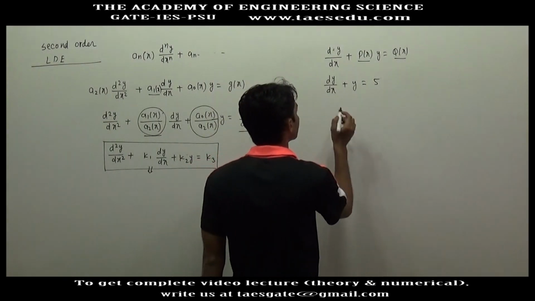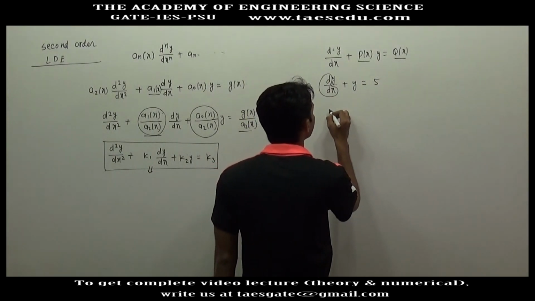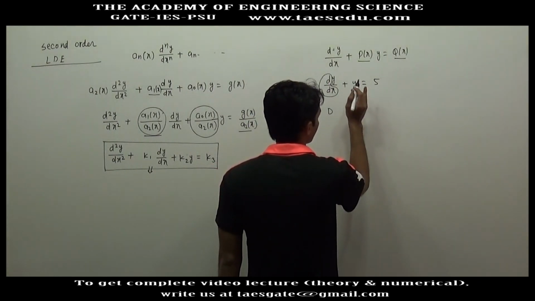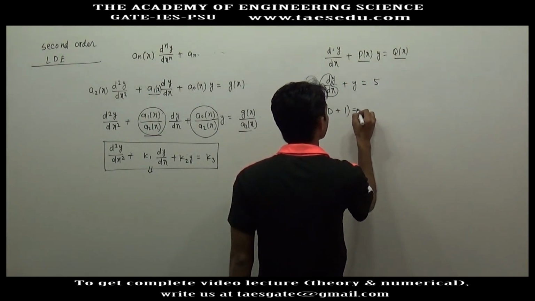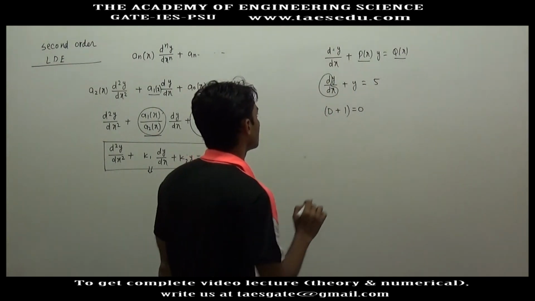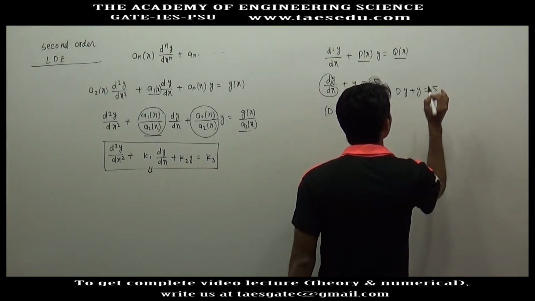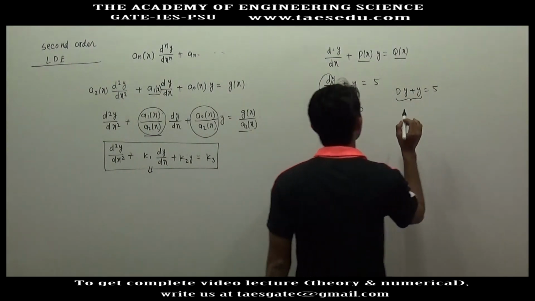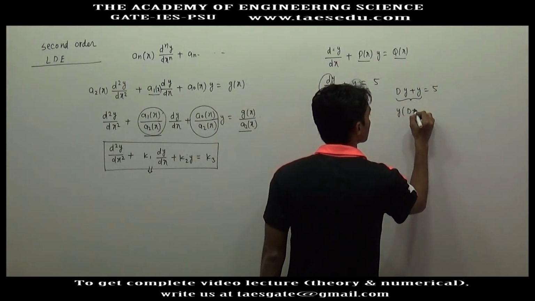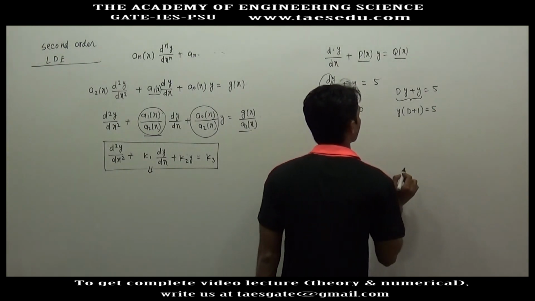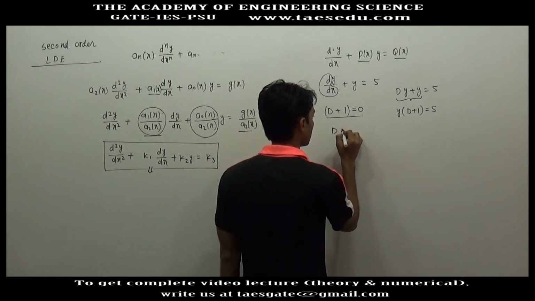At the place of dy by dx we will use the operator D. Here there is no operator, so we will use 1. This can be written as Dy plus y equal to 5, so (D plus 1) y equal to 5. So D plus 1 equal to 0, and we have D equal to minus 1.